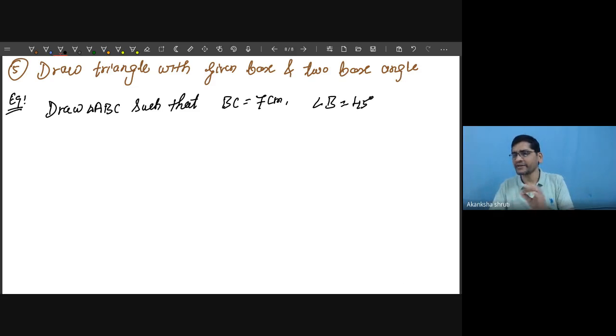This 45 degree we will construct with the help of the protractor, not the compass. And another angle C, let us take this as 70 degree. So these 3 things are given.